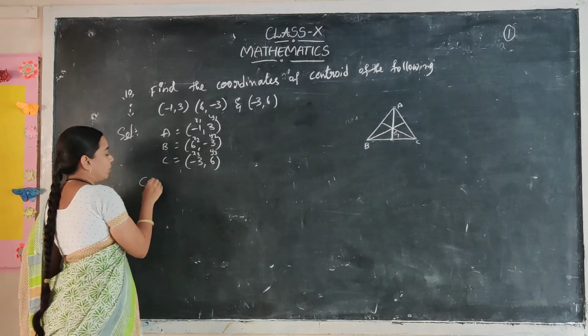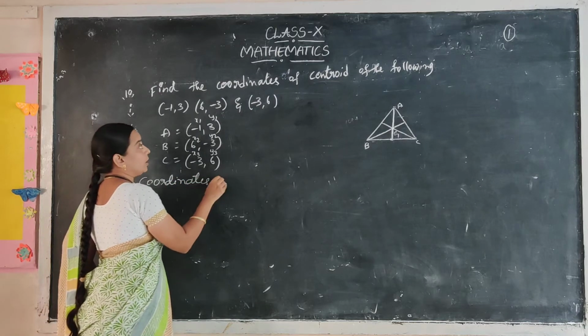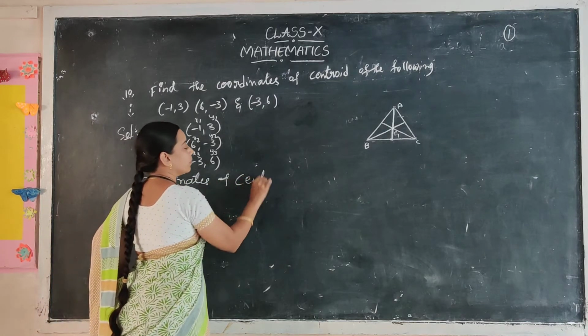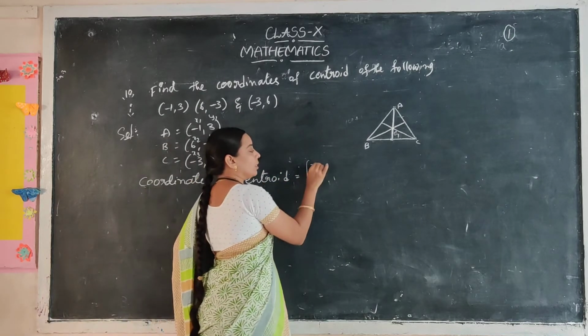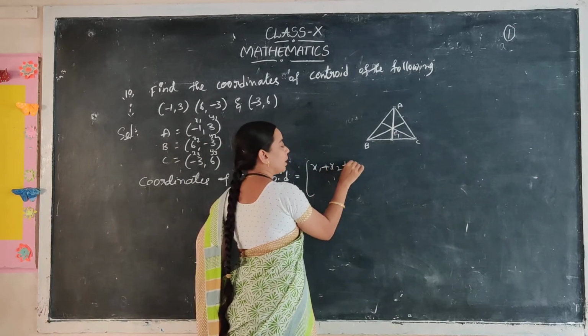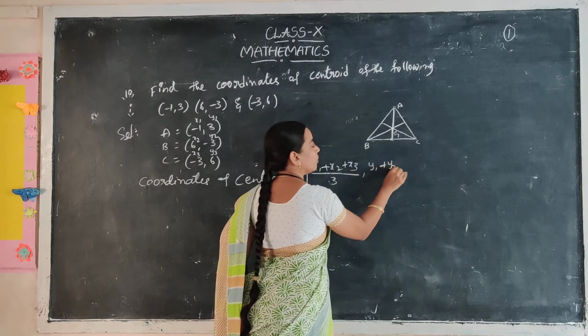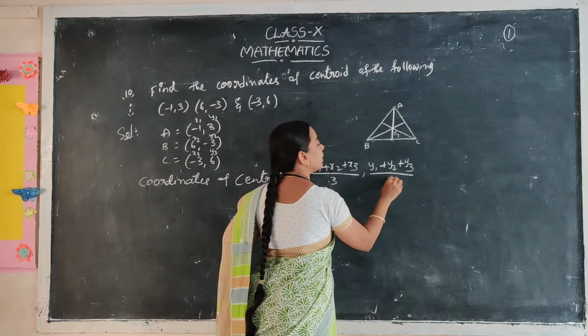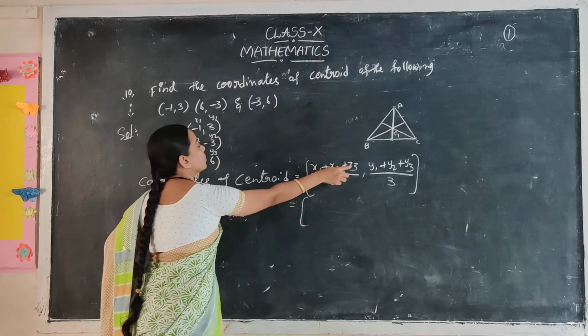Now the coordinates of centroid is equal to the formula x1 plus x2 plus x3 by 3, y1 plus y2 plus y3 by 3. Now this is the formula. So substitute here x1, x2, x3.